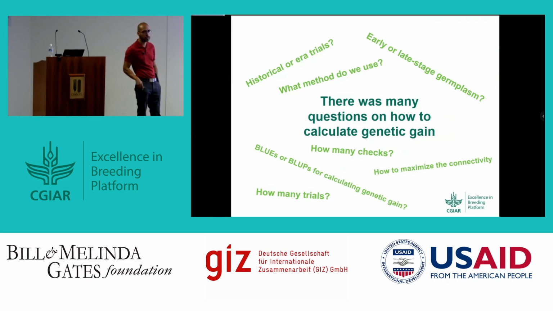Should we use historical or era trials? What methods should we use? What stage of evaluation should we use for the calculation? How many checks? Should we use BLUEs or BLUPs? How many trials, et cetera, et cetera. And many of you contributed to answering these questions.